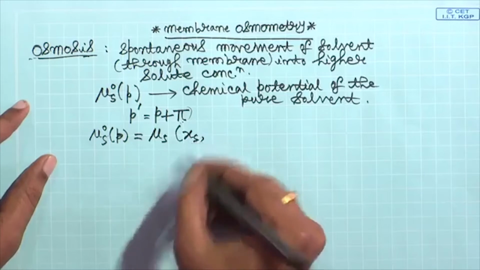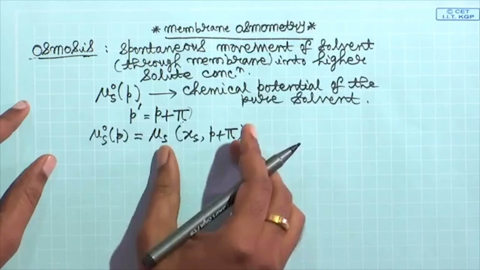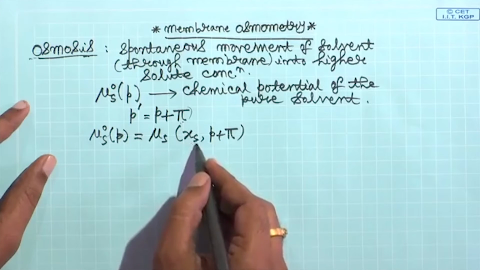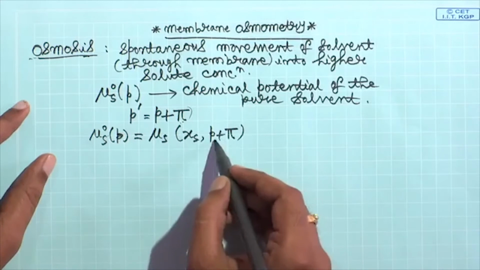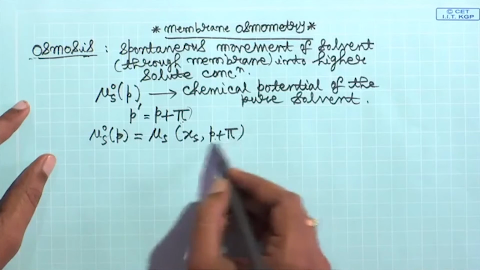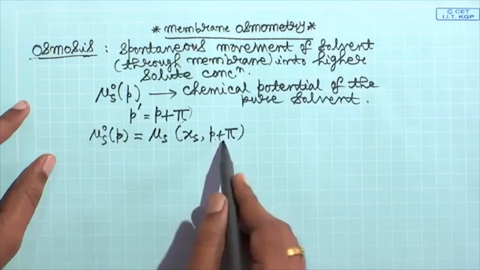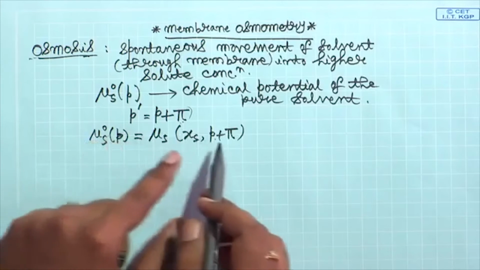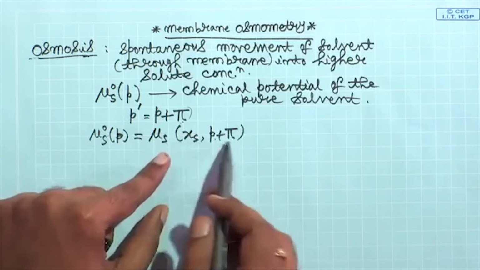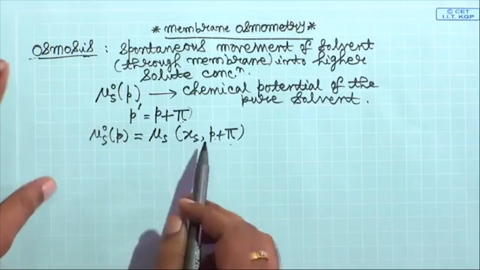So, x s, P plus pi. This is on the solution side, x s is the mole fraction of the solvent in the solution, because this is not 1, and P plus pi is the pressure, that side the pressure is higher. Under that condition equilibrium may be reached, so that the chemical potential of the solvent in pure state is equal to the chemical potential of the solvent in the solution side. Whatever be the value of this mu s, we will look at that after.